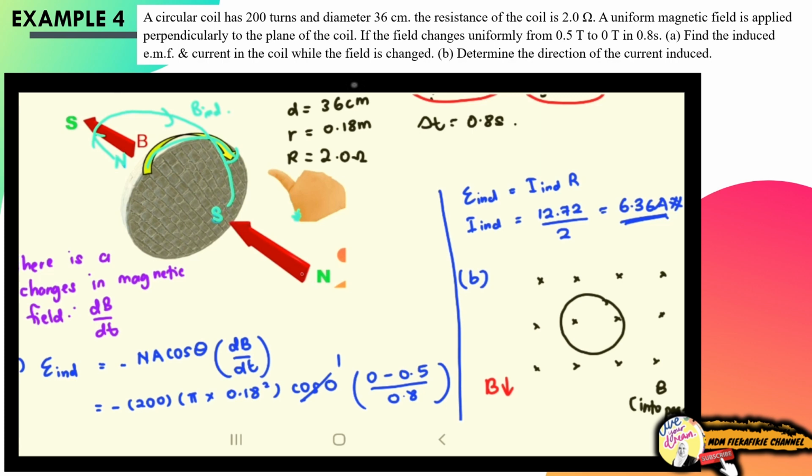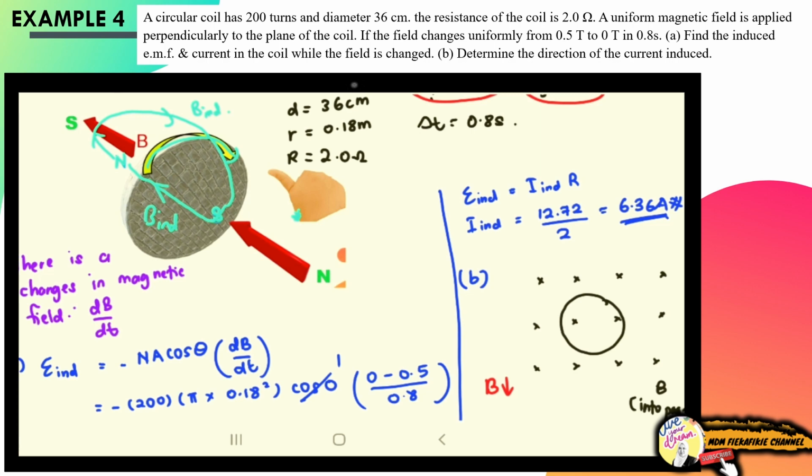So this is the applied field yang color merah, and yang color hijau is the direction of the induced magnetic field. Kalau B decreasing, the direction of the induced magnetic field will act in the same direction. Kalau B increase, the direction of the induced magnetic field will act in the opposite direction.